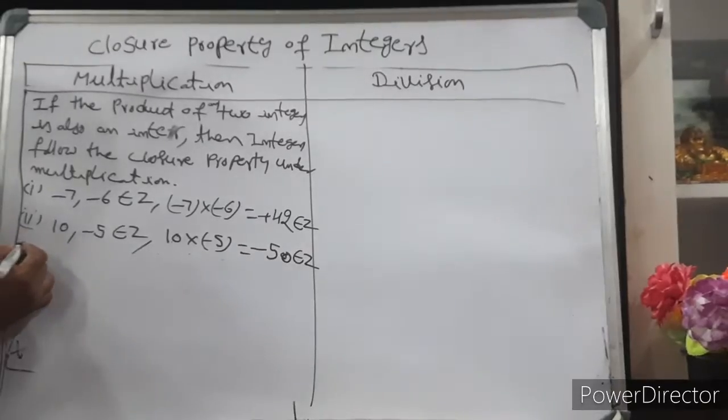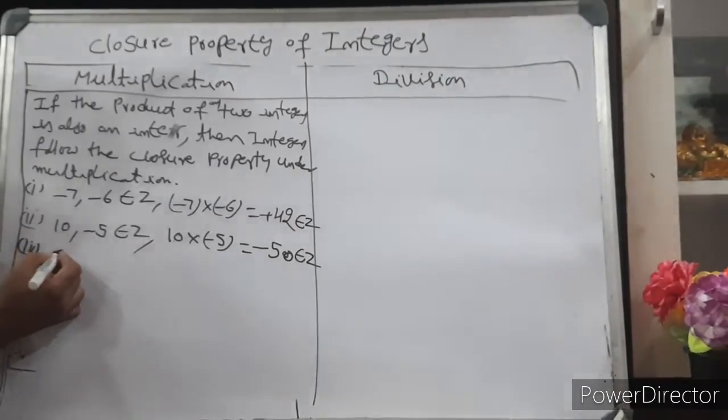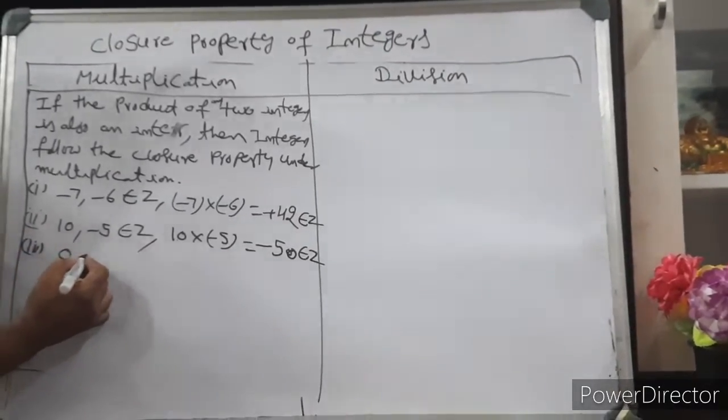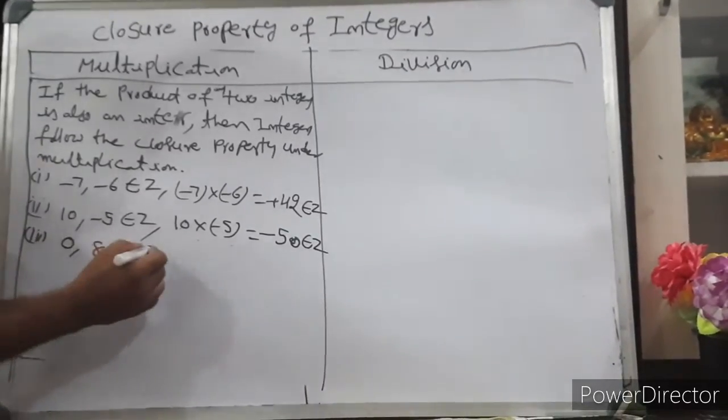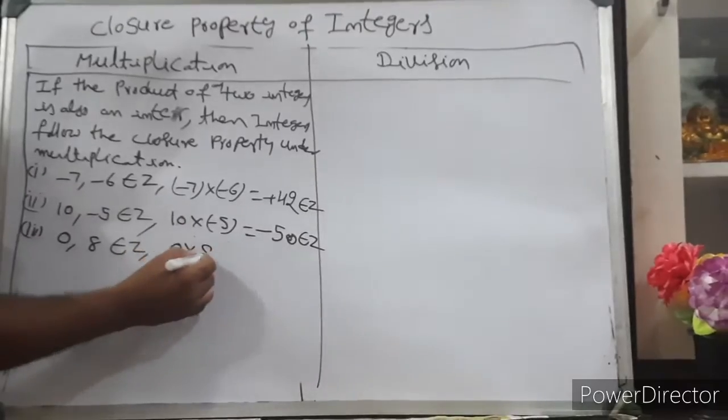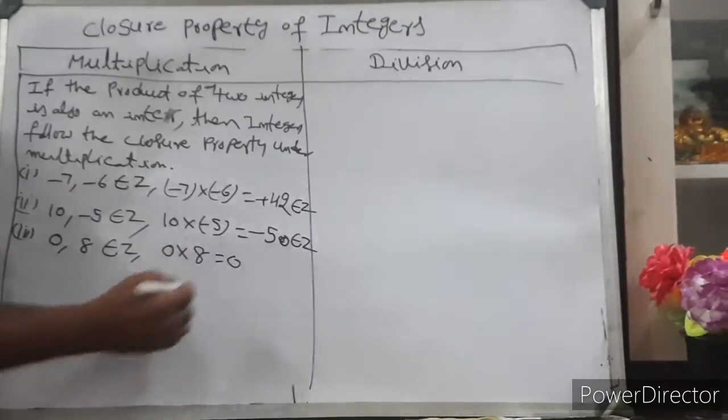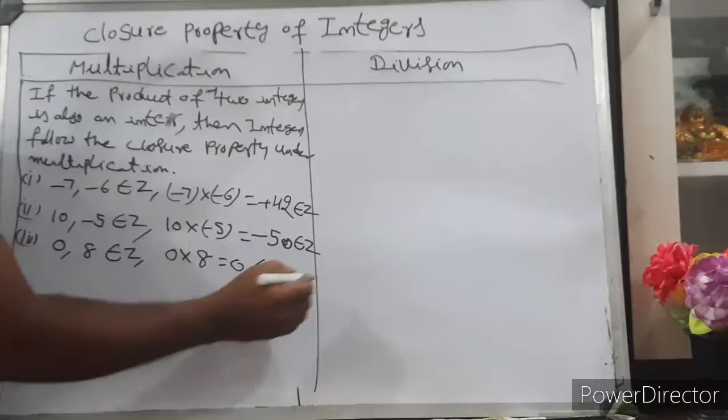So we take another example. 0 and 8 belong to Z. Their product 0 into 8 is equal to 0. So 0 is also an integer. It belongs to Z.